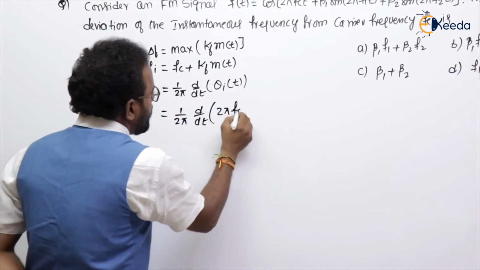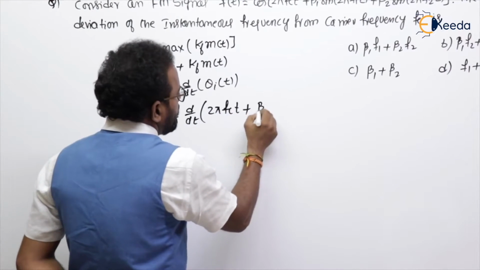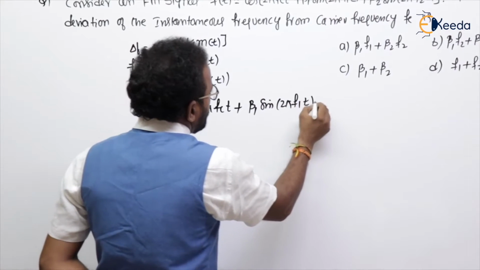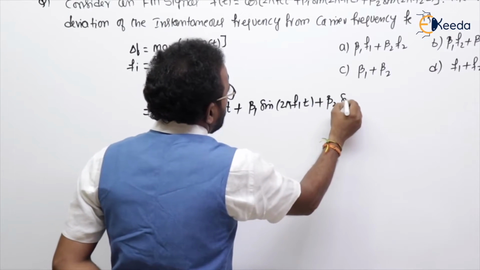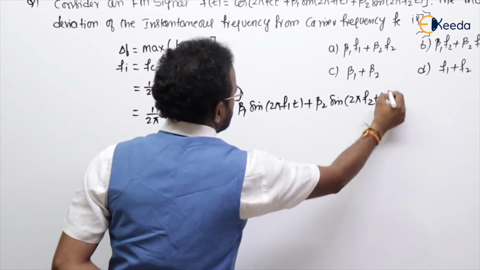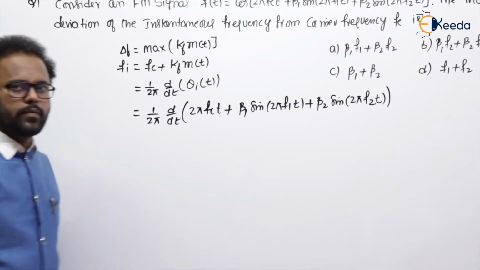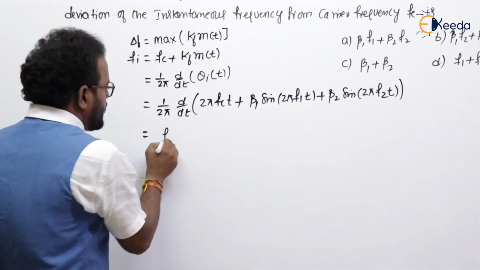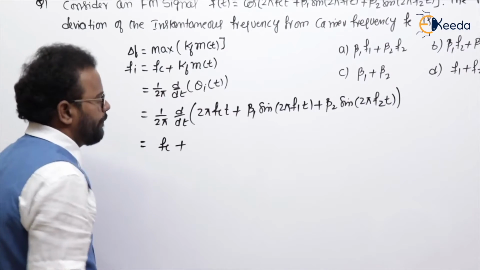That is 1 by 2 pi into d by dt of 2 pi fct plus beta 1 sine 2 pi f1 t plus beta 2 sine 2 pi f2 t. Differentiate, 2 pi cancels. Fc, d by dt of t is 1.